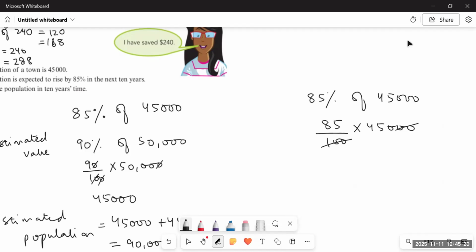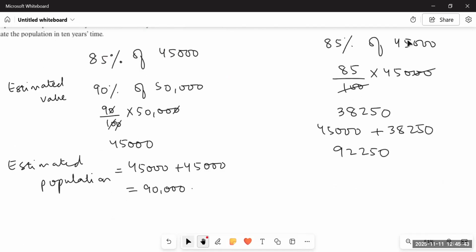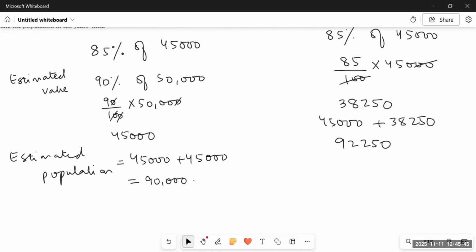Then we multiply 85 with 45, which is 3825, and then we add 45,000 to it. So the actual population we get is 92,250, which is very close to the estimated answer.